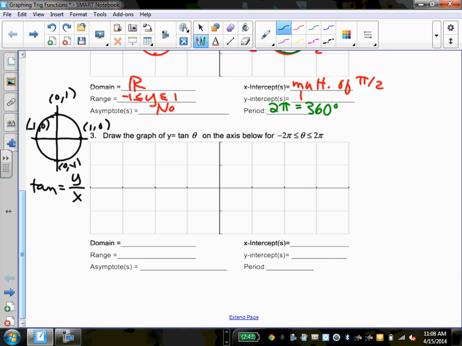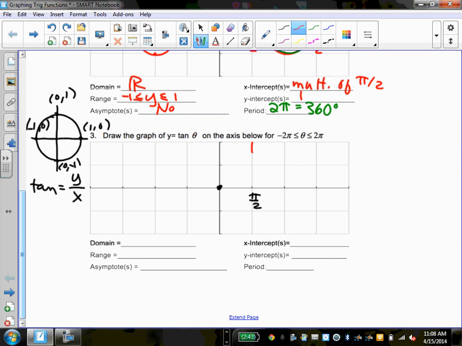At 0 radians, the tangent would be 0 divided by 1, which is 0. At pi over 2 radians, which is 90 degrees, I would have 1 divided by 0, which is undefined.